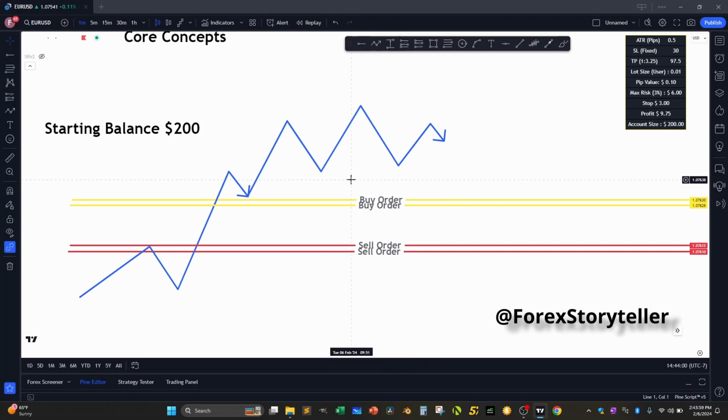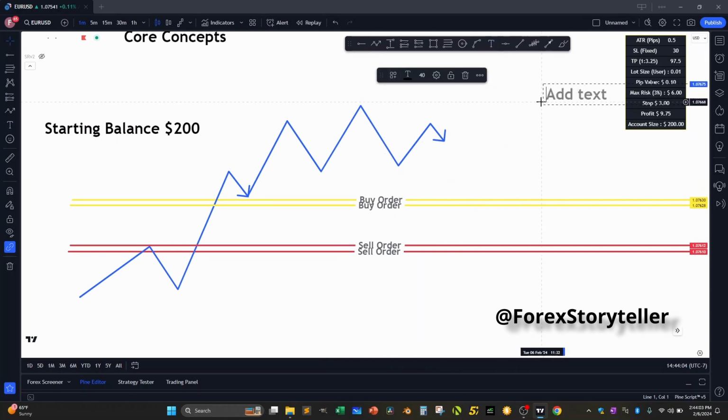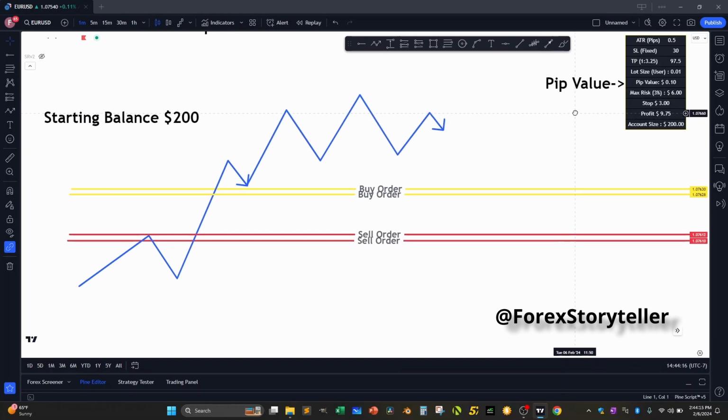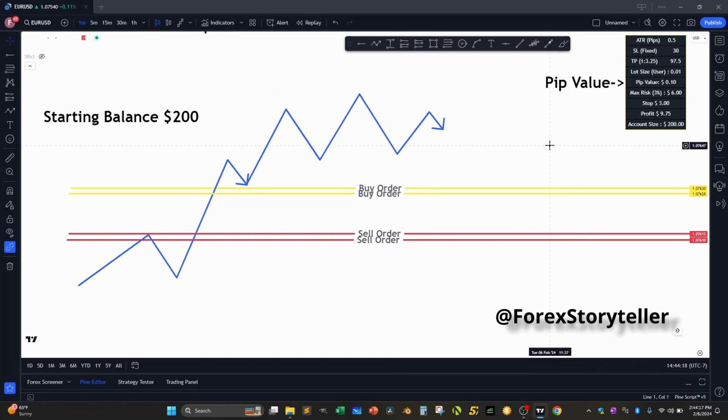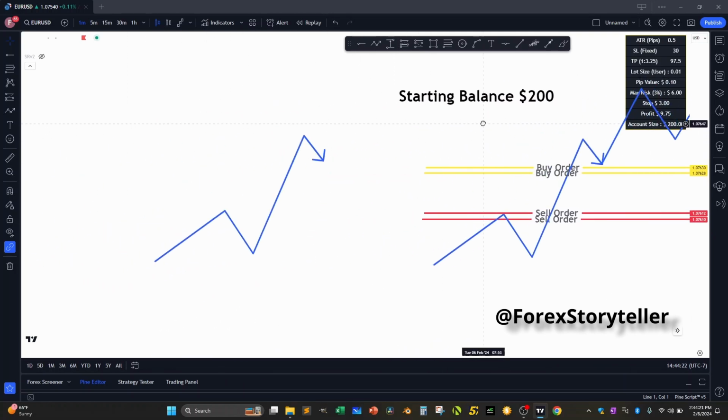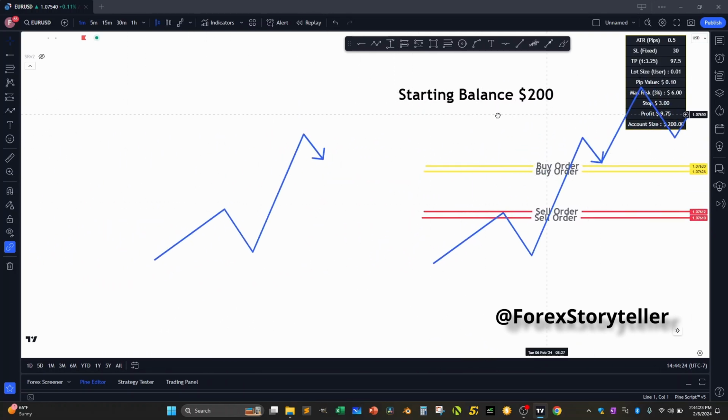And this is basically where we're going to bring into account Pip Value. So Pip Value is going to be the main concern when you're actually hedging. And that's going to be the main thing that you want to worry about in this situation, because basically we've already looked at this being the same as this.